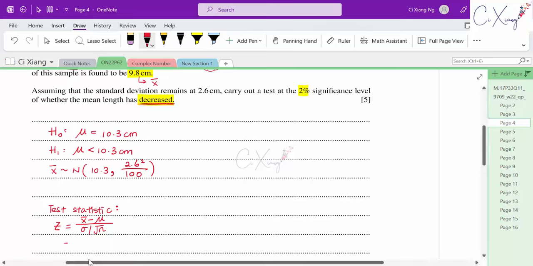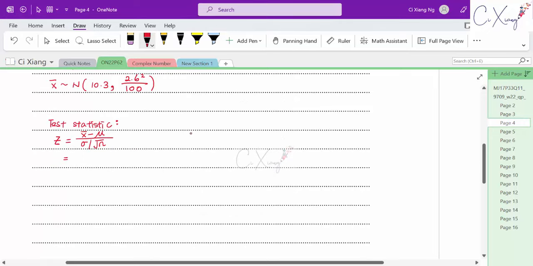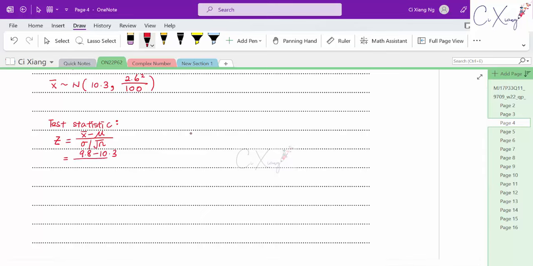If I substitute the values, our sample mean will be 9.8, which is given in the question. So we have 9.8 minus the population mean 10.3, divided by standard deviation 2.6 over square root n, which is square root 100. From here, I will get the test statistic, which is negative 1.923.